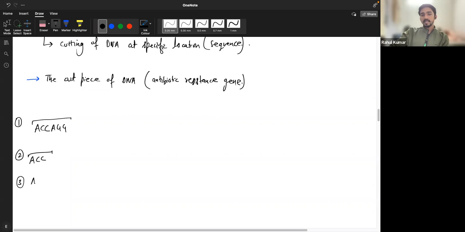If I say AT repeating, it's even higher, right? Or if I go for something longer, like ACC, AG, CT, then the chances are even less. So the bigger the fragment, the lower the chances that it will repeat.